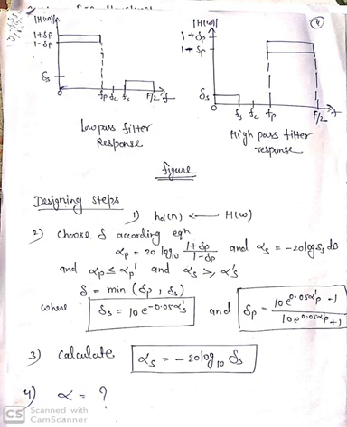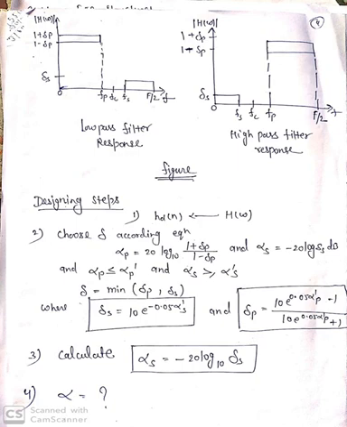And after the cutoff frequency, the pass band frequency provides the ideal high pass filter response up to f divided by 2.